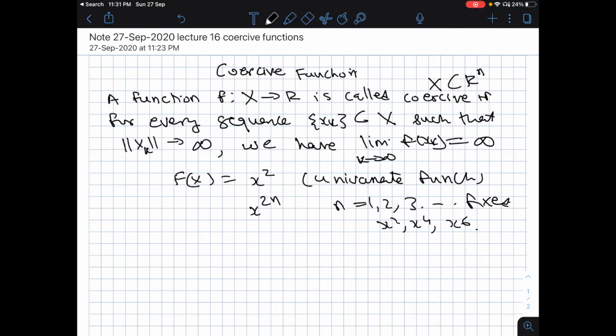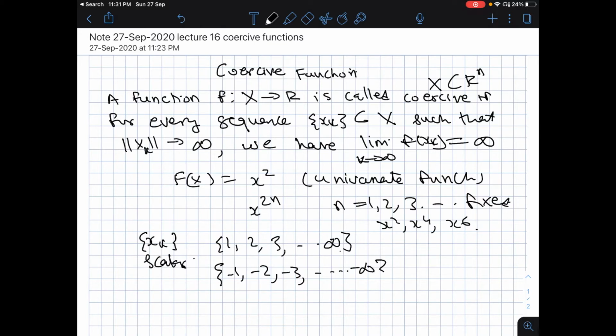So it's very clear that if you imagine a sequence x_k of scalars, it doesn't matter whether it's positive like 1, 2, 3, and so on, natural numbers going to infinity, or -1, -2, -3 going to minus infinity. In both cases, the length of x goes to infinity.